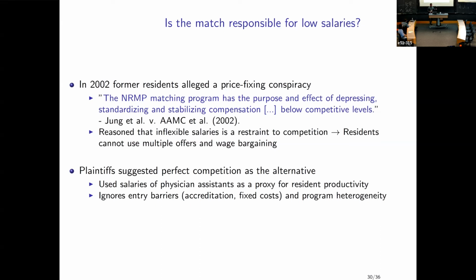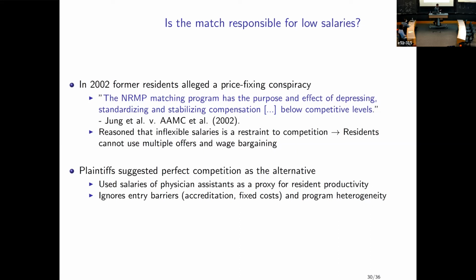They used a perfect competition benchmark as an alternative. Orley Ashenfelter's brief said it's exactly $80,000, based on salaries paid to nurse practitioners and physician assistants, that would have been the counterfactual to the match. Each resident faces a damage of about $30,000 because of this conspiracy.